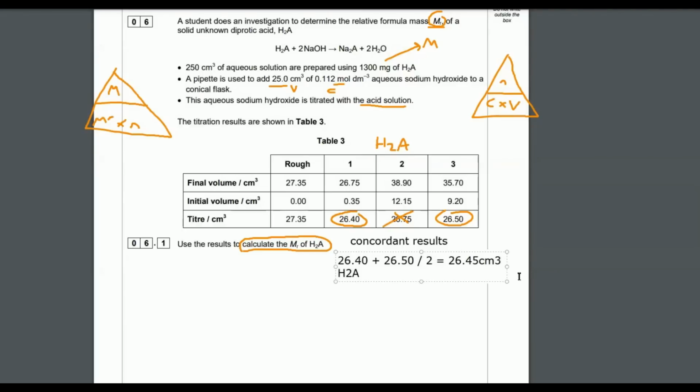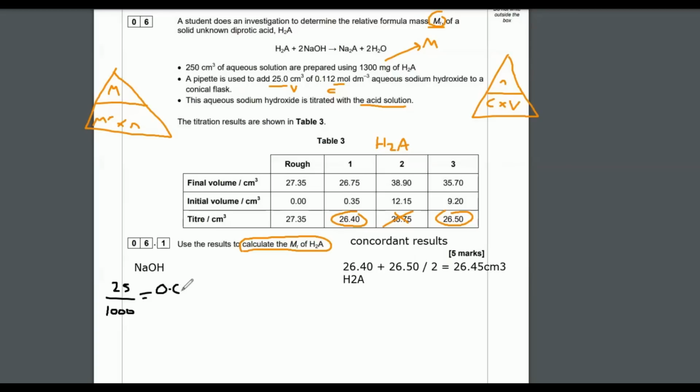That's the diprotic acid. So I now know my volume of diprotic acid. Now, I don't know anything else about the diprotic acid other than its volume. We need to find its concentration so we can get its moles, or we need to find its moles in another way. What we can do is go to the sodium hydroxide now. Even if you're clueless as to where to go next, that's the only viable place, because you've been given the volume and concentration, so you can work out the moles.